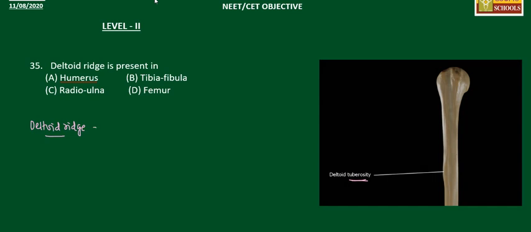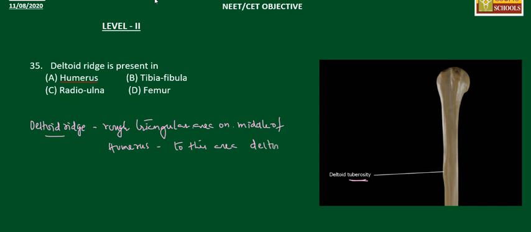This is a roughly triangular area on the middle of the humerus, and this is the point where the deltoid muscles are attached.